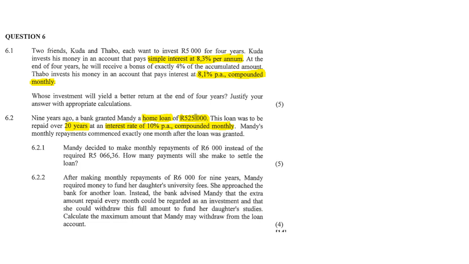Because then you're cutting down the amount of interest that you're repaying, and you're also going to pay off your loan much faster. I do know somebody who was able to repay their home loan within a period of 8 years instead of the required 20 years.